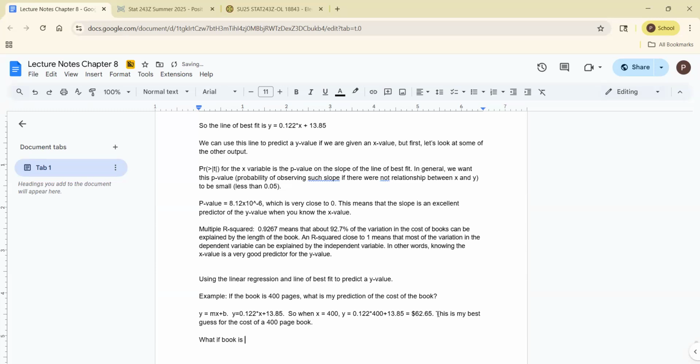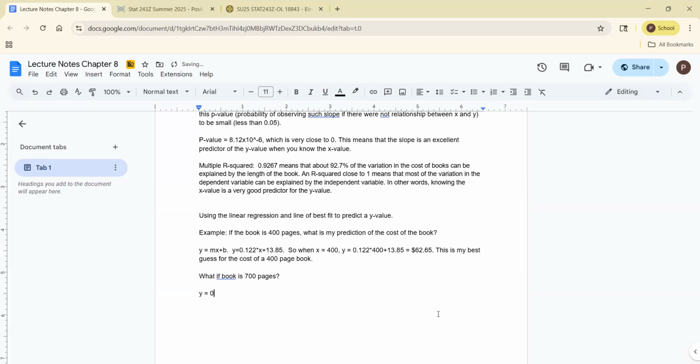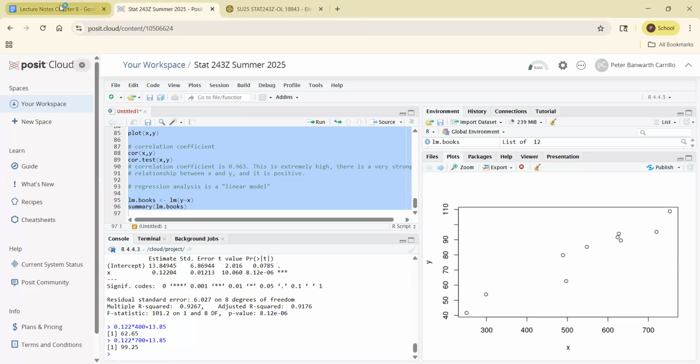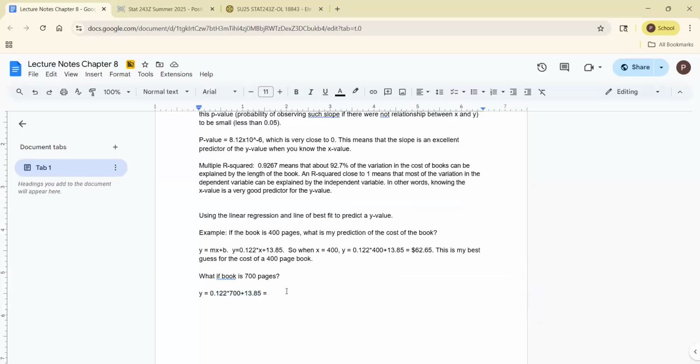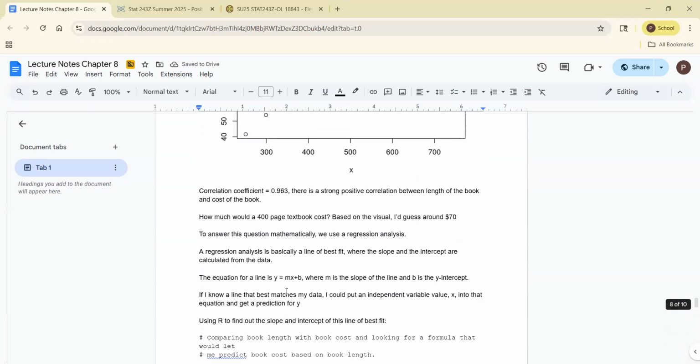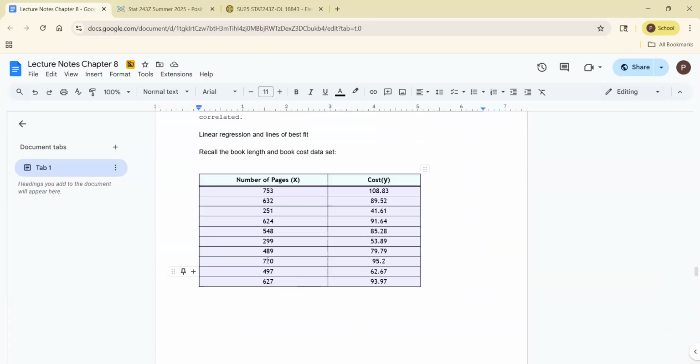What if the book is 700 pages? Well, then I would do y equals 0.122 times 700 plus 13.85, which is $99.25. Compare that to the cost of this book that's 720 pages, cost of $95.